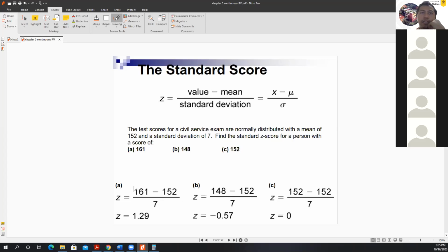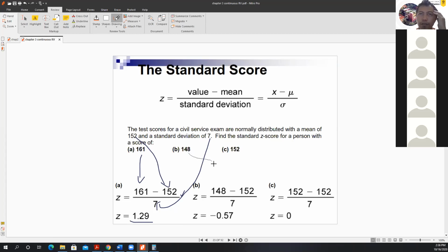We can easily compute using this formula. This is the score, this is the mean, this is the standard deviation. And we found that the Z score is 1.29.